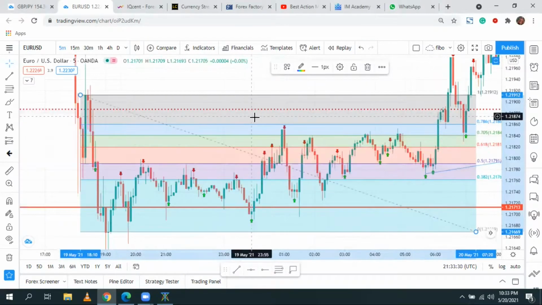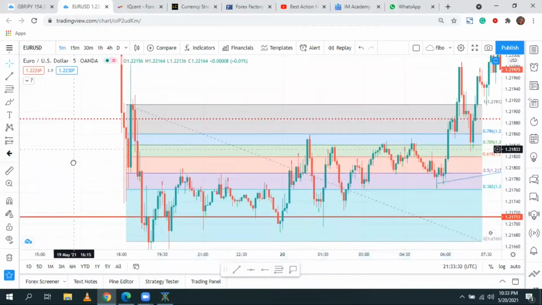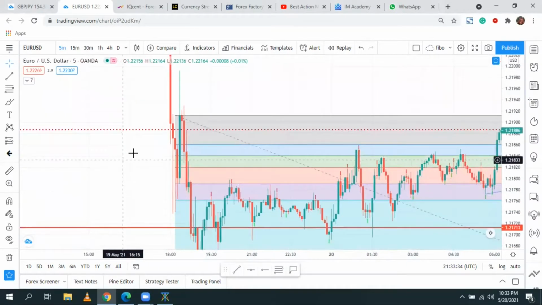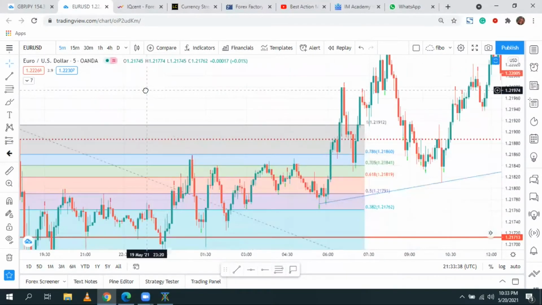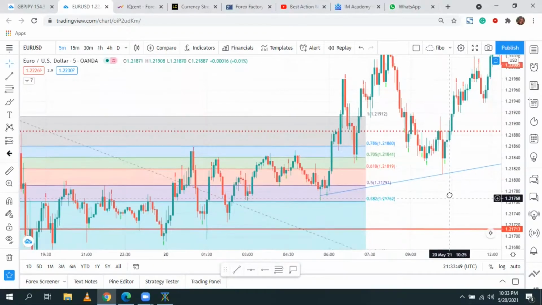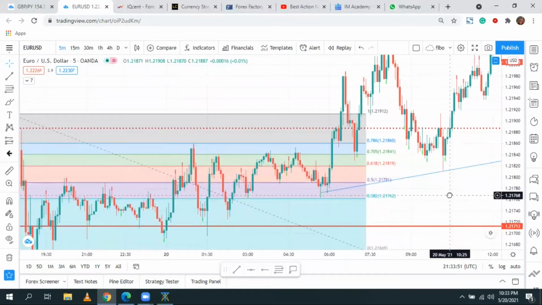So now you get more out of Fibonacci when you use it with your support and resistance. So now if you have your fib level aligned with a previous support or resistance, that's an even more comfortable trade to take. For example, let me show you something.